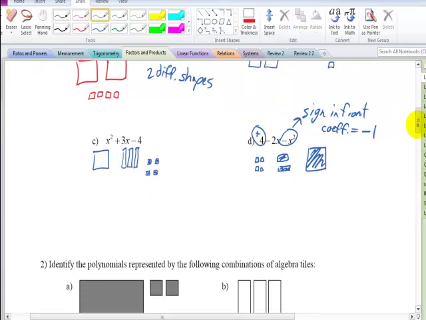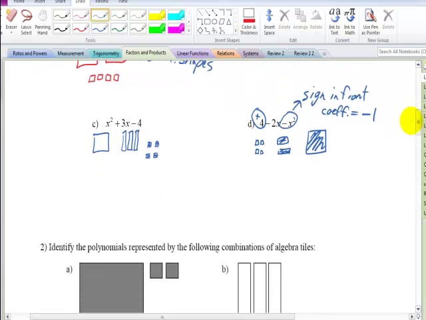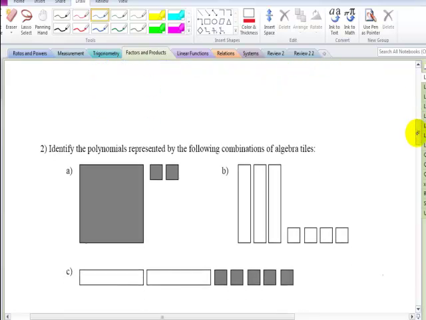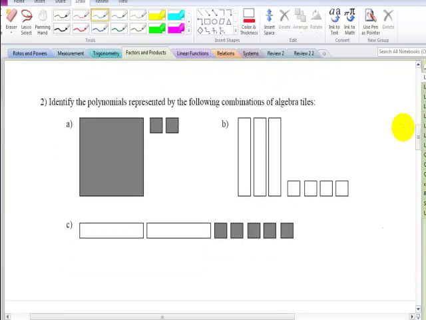Okay. Any questions so far about going back and forth between these two? Next one then. Now I've drawn it for you. Please identify the numbers. So I want to know the symbols. What have you got? Gagan, what do you got for A?